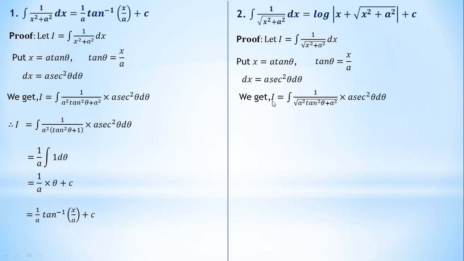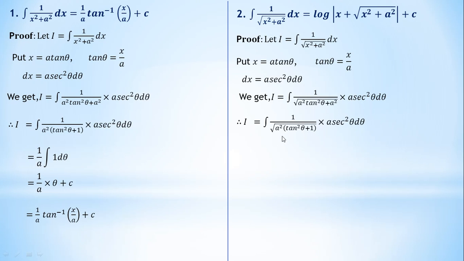See here. So I is equal to integration 1 upon under root, now under root a square tan square theta, in place of x put a tan theta, so we get a square tan square theta plus a square into dx, means a sec square theta d theta. Now try to simplify it. So in the root sign there is a square common, we take that, and in bracket we get tan square theta plus 1.